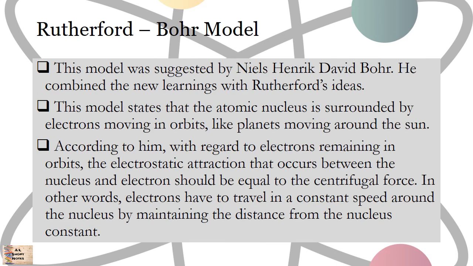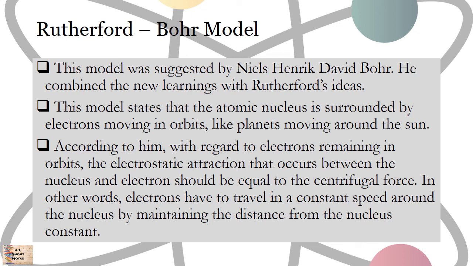Rutherford-Bohr model. This model was suggested by Niels Henrik David Bohr. He combined the new learnings with Rutherford's ideas. This model states that the atomic nucleus is surrounded by electrons moving in orbits, just like planets moving around the Sun.